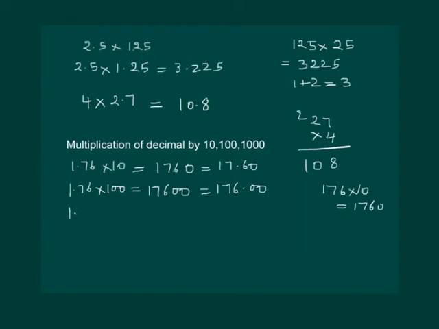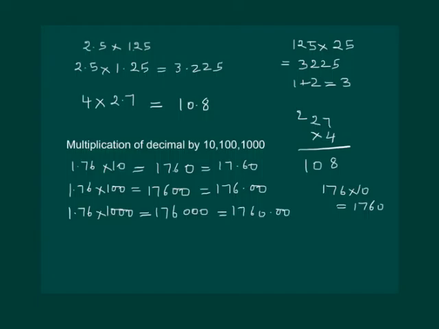Let us check for 1000. We will get, on multiplying, 176,000. Again shifting 2 points because there are 2 digits, 1, 2. This will give us 1760.00.